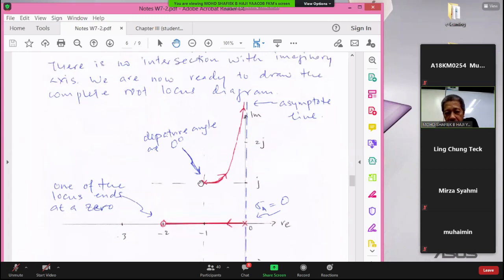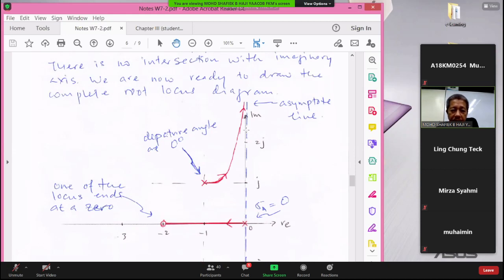The departure angle is at 0 degrees, so it will leave our first complex pole horizontally to the right, and then it will turn, approaching the asymptote line. It will go all the way to infinity along the asymptote line.